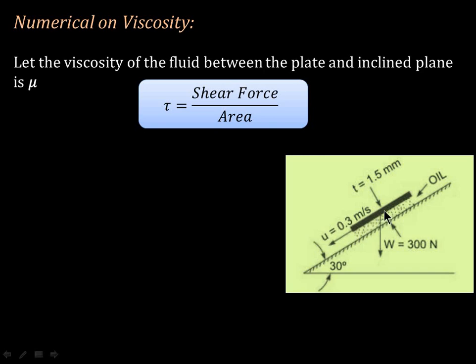Now we can see that we have only one force represented, in the form of weight, that is W equal to 300 newtons. So 300 newtons is the value of the force being exerted on this surface because of the weight of this square plate. Now let us try to simplify this diagram.